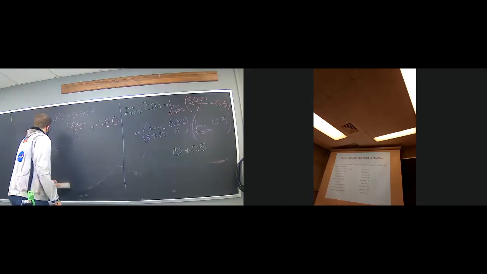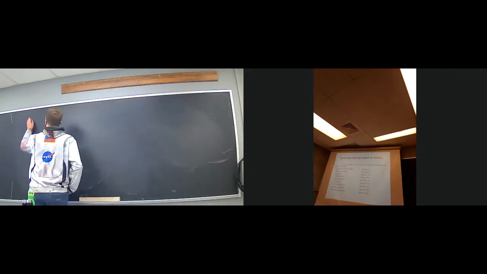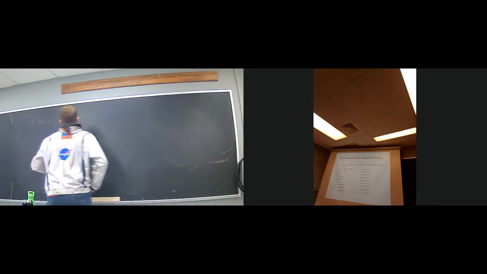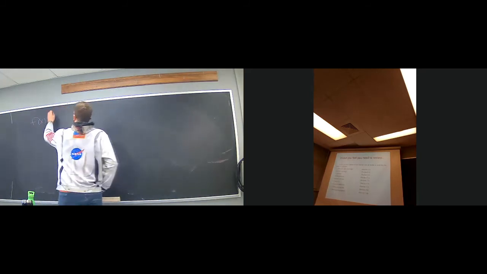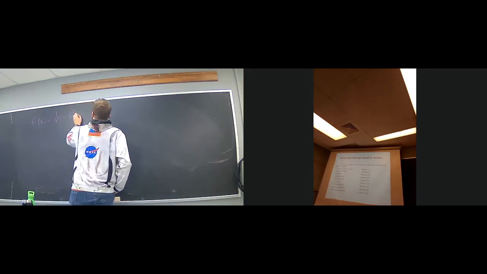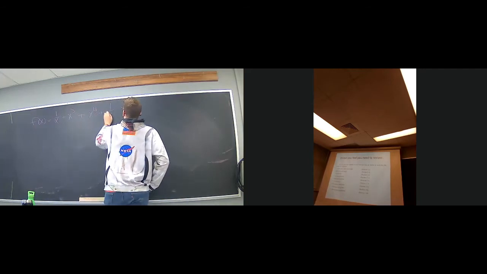As an example of what I'm talking about, we might imagine a function like f of x is equal to 1 over x plus x cubed plus x to the 4th plus 1 over x to the 5th.